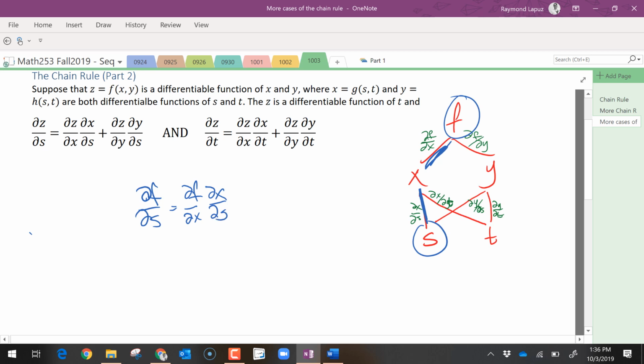And then through y, we would have the partial of f with respect to y times the partial of y with respect to s. And those are the only paths to get down to the s. The other paths go to the t, so we don't need to worry about that. Okay?